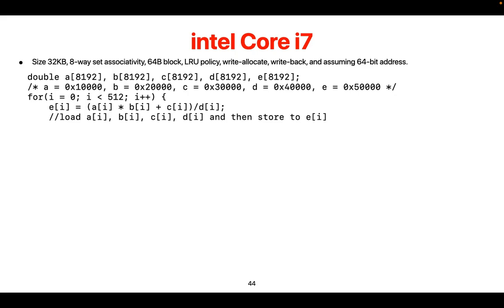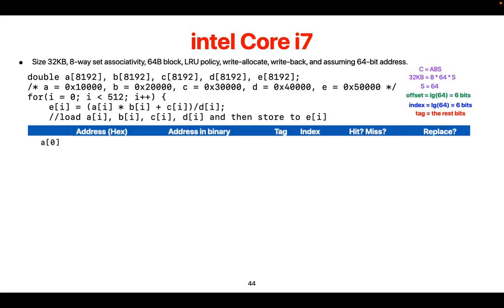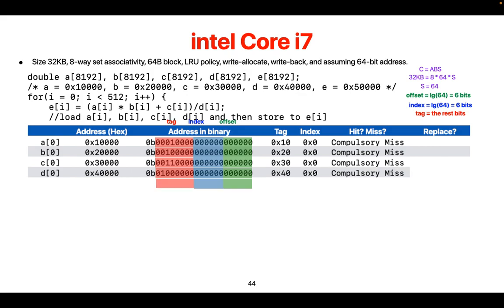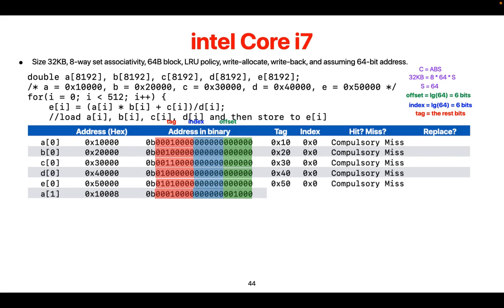Anyone would like to give it a shot? Alright, Aaron's friend. The only misses we have are the ones where we're originally loading in all the data. Right. So that is 1 out of 8, and we don't have any other misses until we need to load A9 through. So if you look at the behavior, A1 is not even a miss.